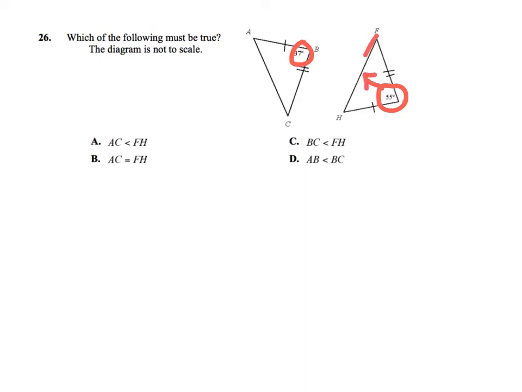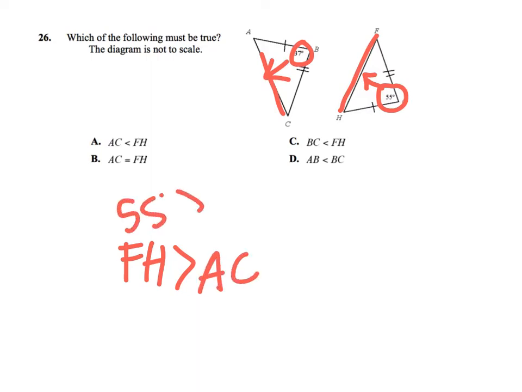So I know this side, FH, is going to be greater than this side here, AC, which is across from 37. Again, I know 55 is greater than 37, which tells me that FH is greater than AC.